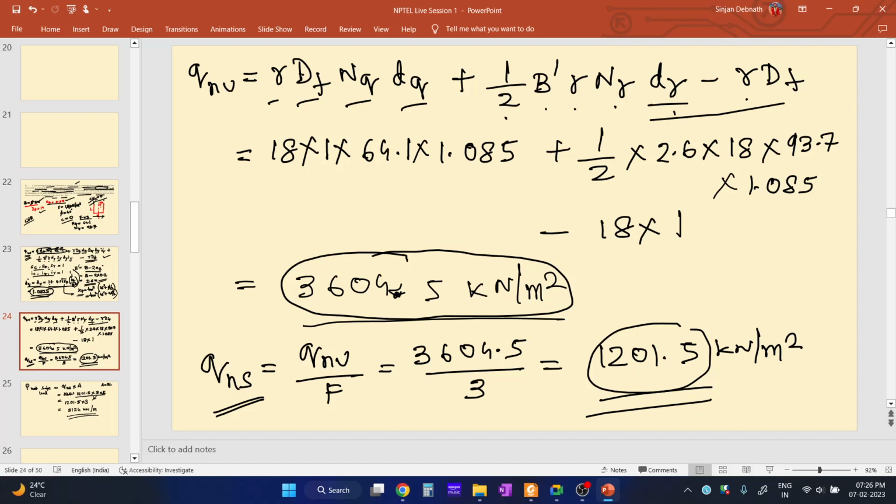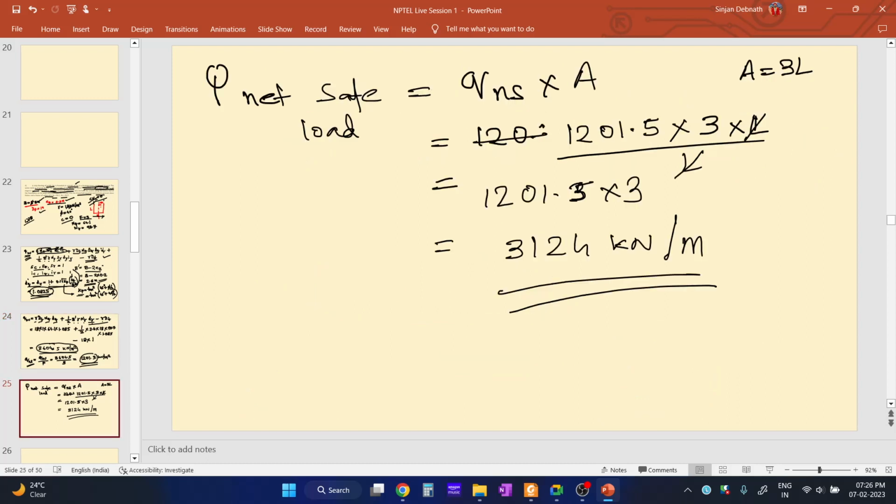And if we multiply this value with the area of the foundation, we will get the net safe load. Since this is a strip footing, the length is very long and also unknown. We need to find the area. Suppose the length is L and we need to find out the load in terms of per meter length. So 1.01.5 into 3. 3 is the breadth.